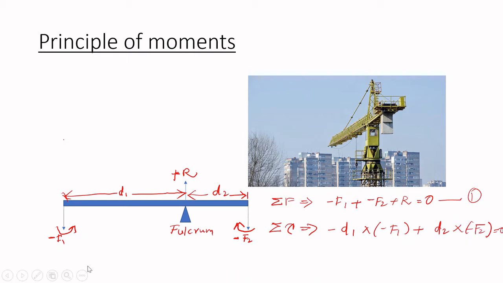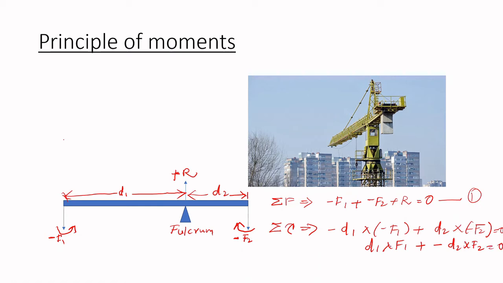Why we are taking minus d1 here is because it's a vector distance. So if you take the right of this fulcrum as positive, the distance to the left of the fulcrum should be taken as negative. So minus d1 cross minus f1 is d1 cross f1, plus this is minus d2 cross f2.